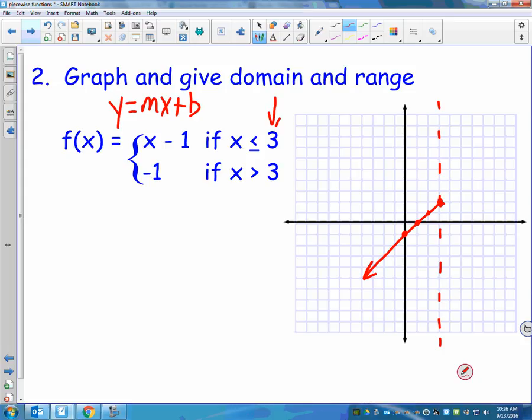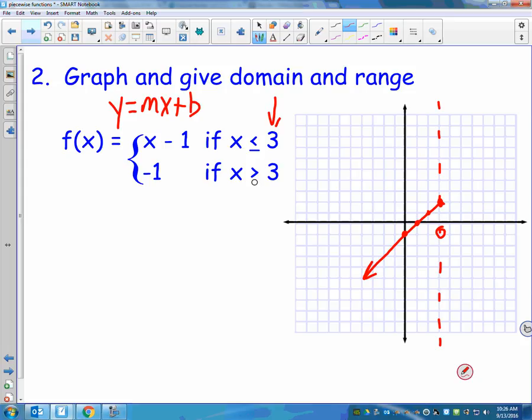So you have two options. One option is you could come over here to -1, and you could imagine drawing it over here, right? But you can't start it till right here. The other option is I always just started at my dotted line. So it's still going to be where y is -1, but I can only start it right here at 3. And notice I'm making an open circle. Why am I making an open circle?